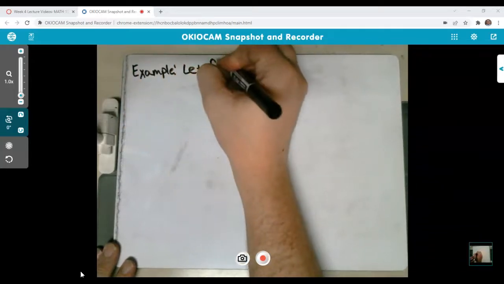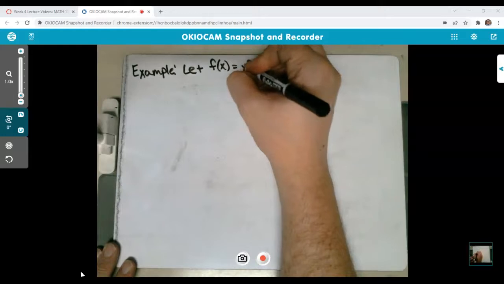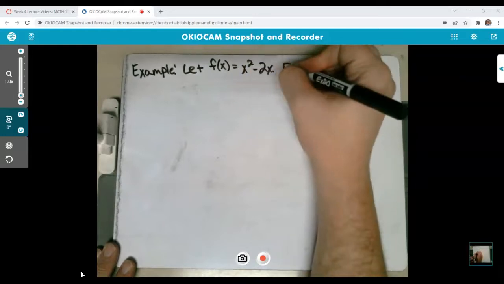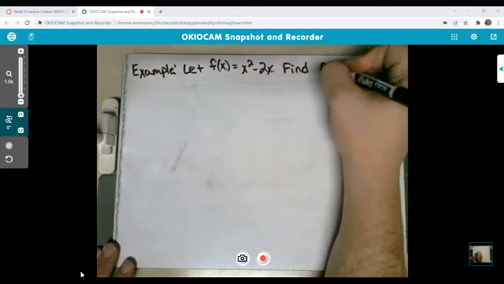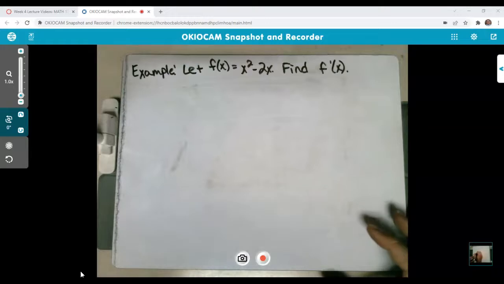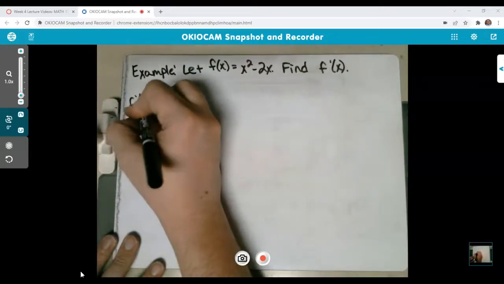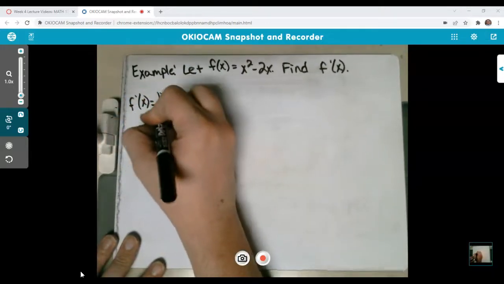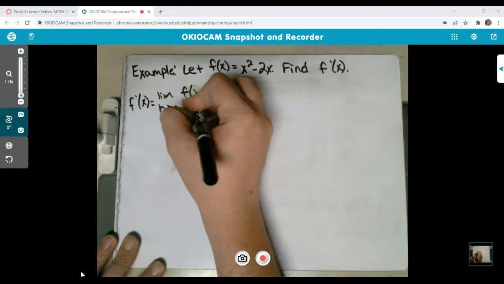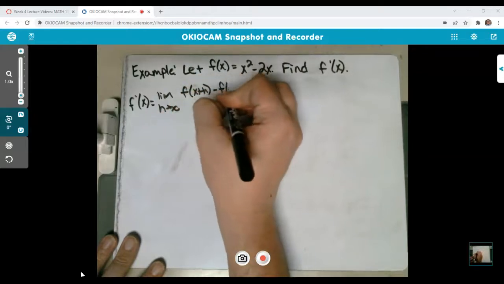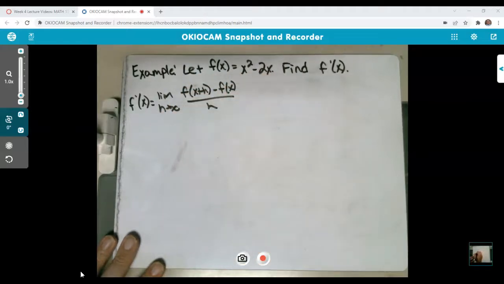Let f of x be equal to x squared minus 2x, and we're going to find f prime of x. So once again, f prime of x is the limit as h goes to 0 of f of x plus h minus f of x all over h.